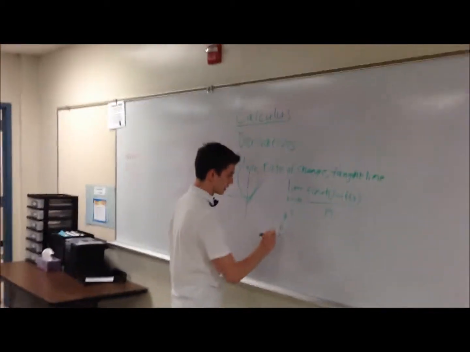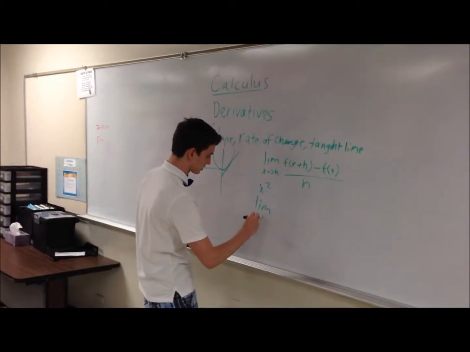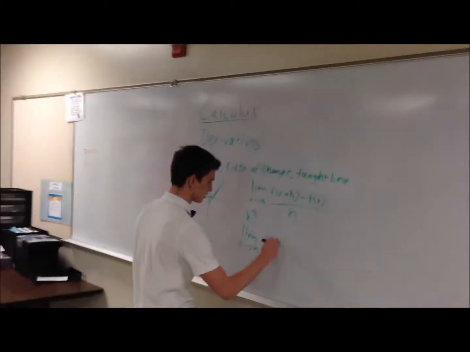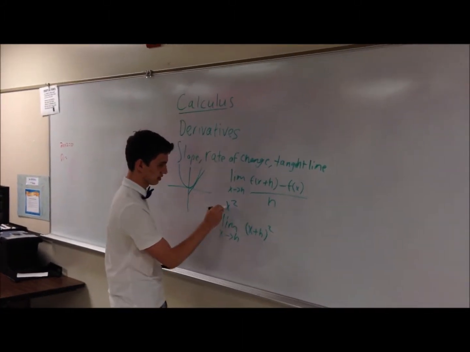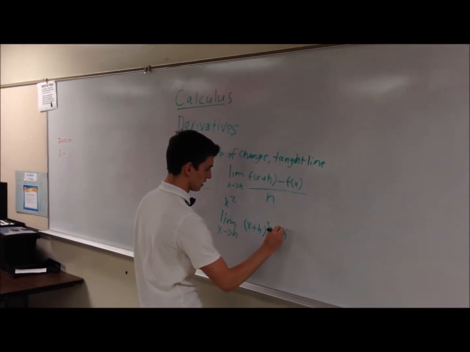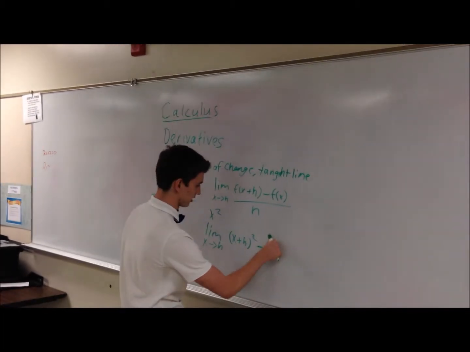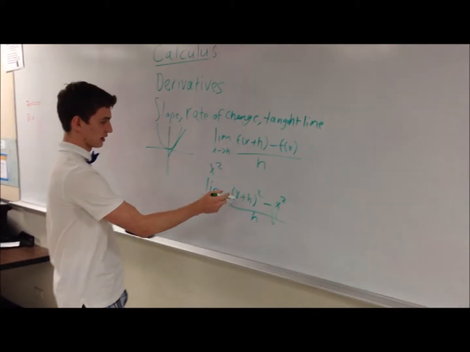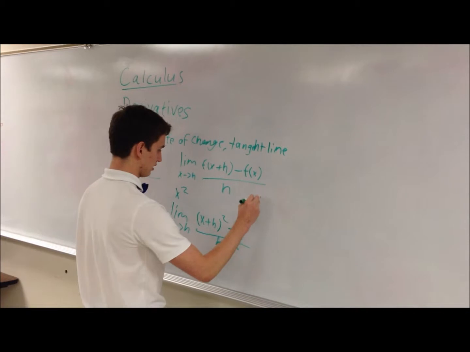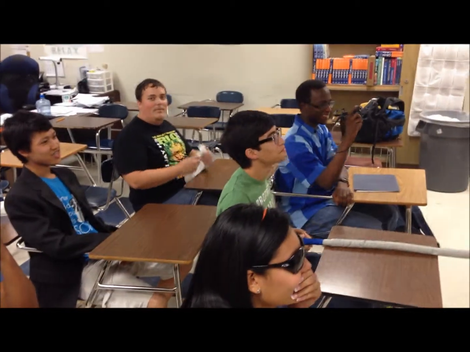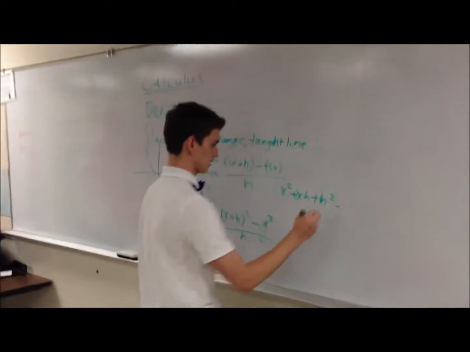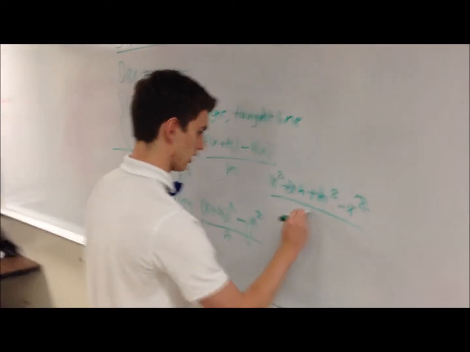If I plug that in here, I would get the limit as x approaches h of x plus h squared, because I would be plugging the h into the function, minus x squared, over h. Now, if we simplified this, we would get x squared plus 2xh plus h squared minus x squared over h.